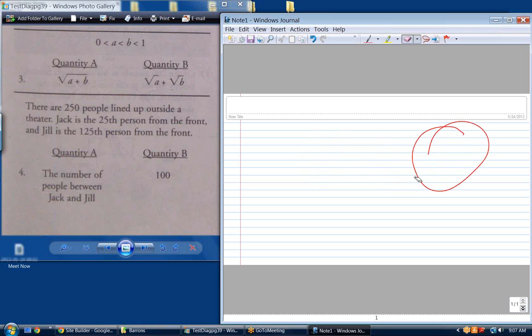Well, if we square both sides, what do we get on the left? A plus B. What do we get on the right? Also A plus B. Actually not.